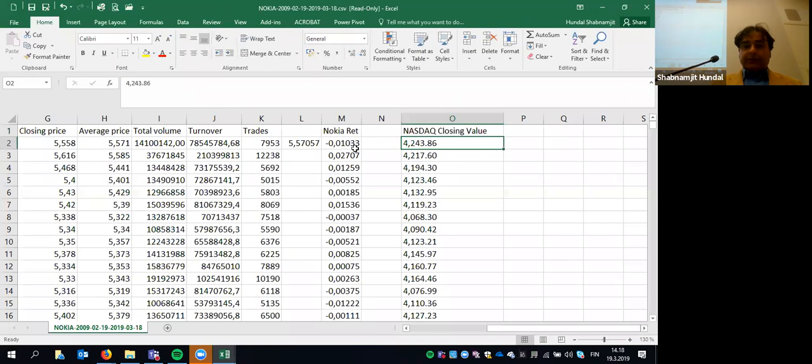Okay. Now, the way I calculated Nokia return, I can calculate index return. And once again, the formula is same. Bracket, the current value minus previous value, divide by the previous value.